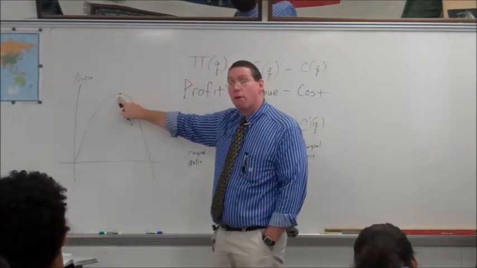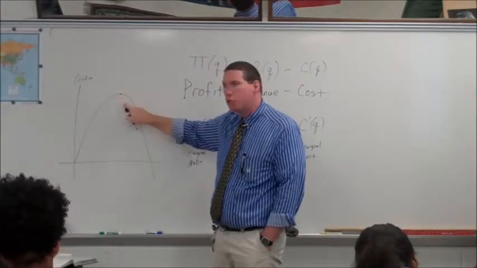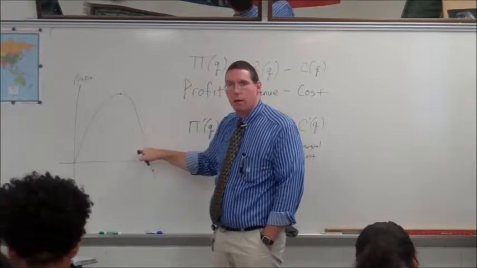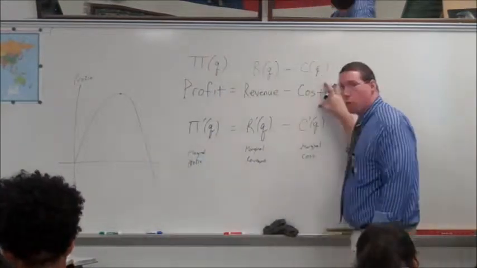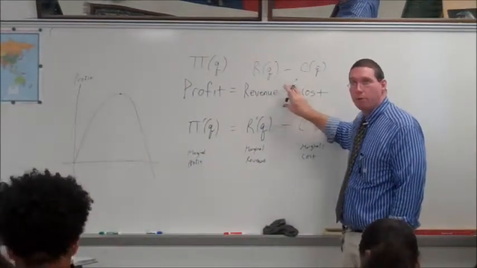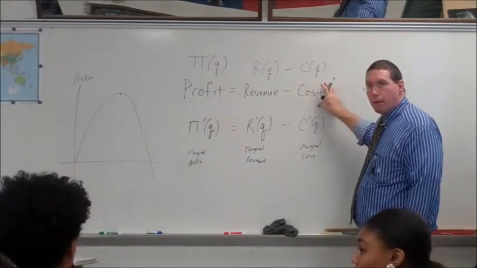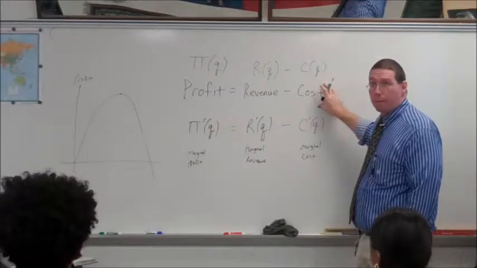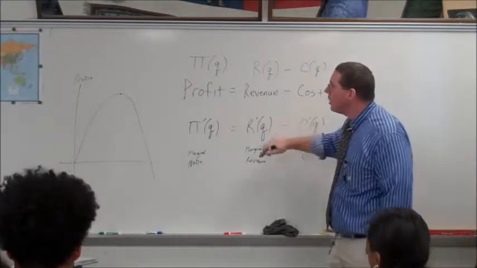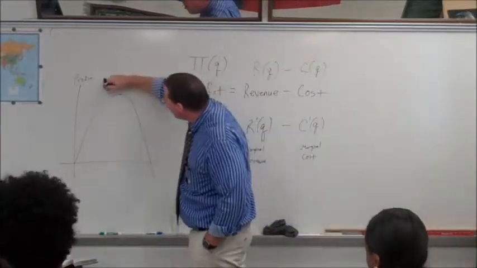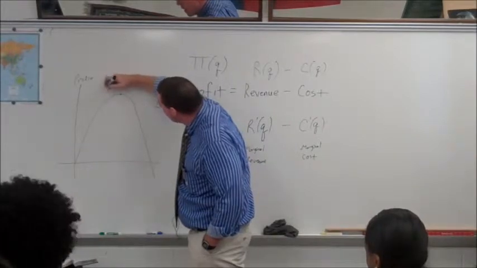Because if you produce too much, you'll actually start losing money, because your costs will go out of control and your revenues will not keep up with your costs. Well, it's all related to supply and demand. That's correct.